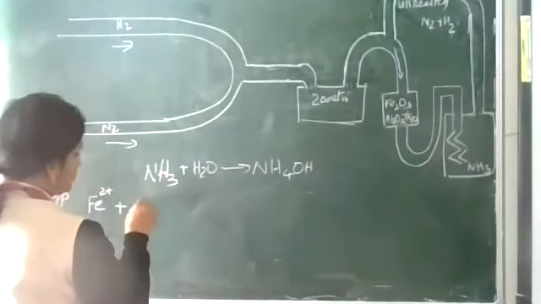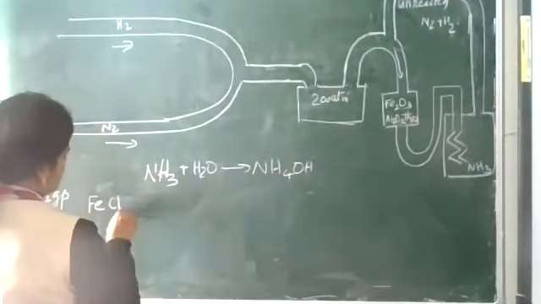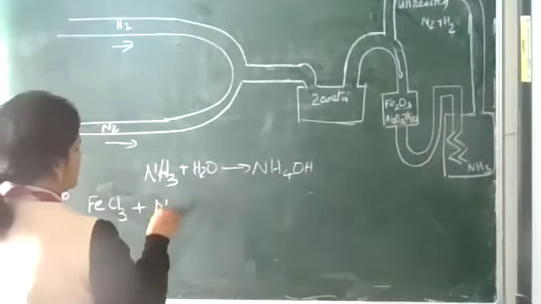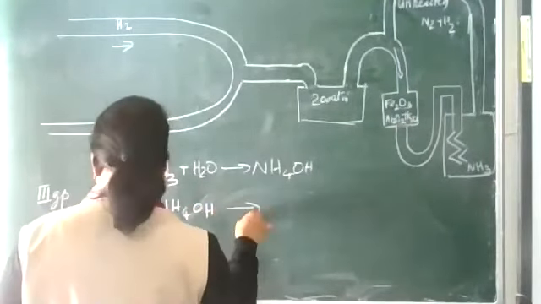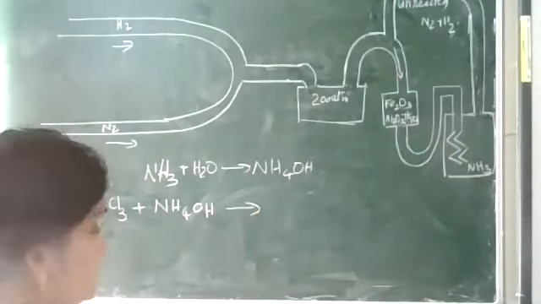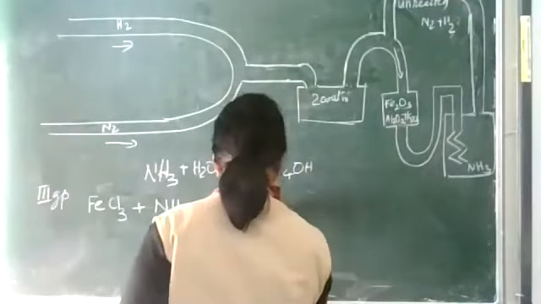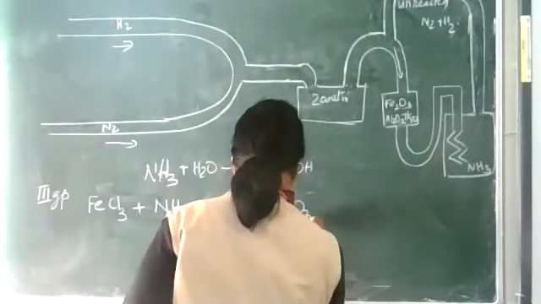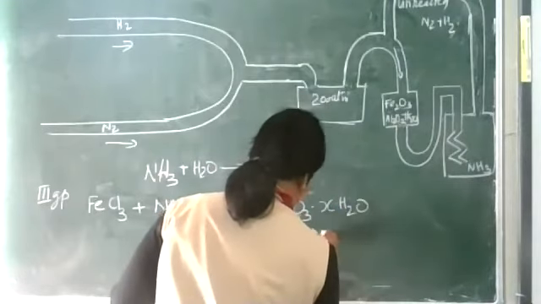For example, FeCl3 plus NH4OH will give a brown precipitate, that is Fe2O3·xH2O. It is a brown precipitate.